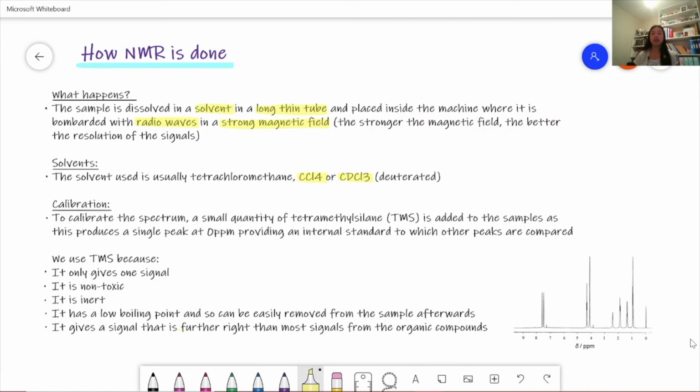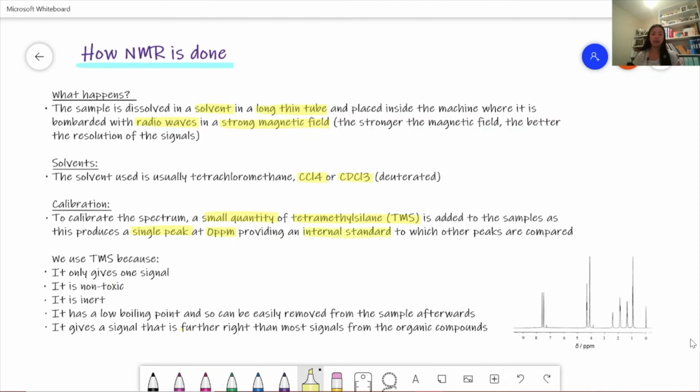We also need to calibrate the spectrum, and this is done by adding a small quantity of tetramethylsilane, or TMS, to the sample, and this produces a single peak at 0 parts per million, and we're going to look at what that actually means a bit later, providing an internal standard to which the other peaks are compared.